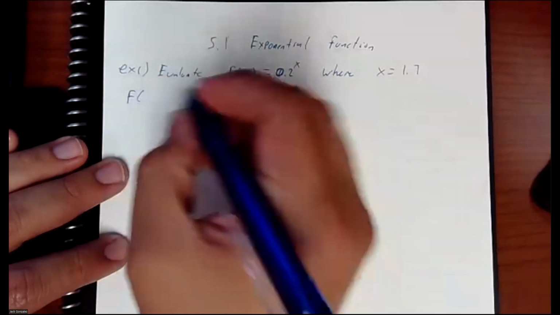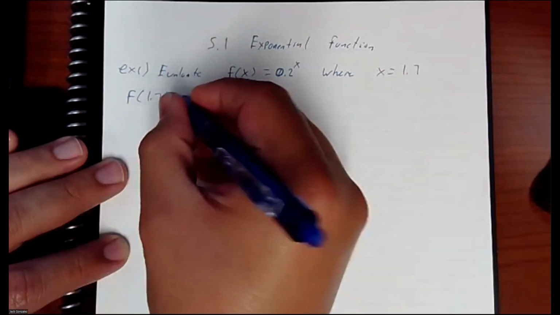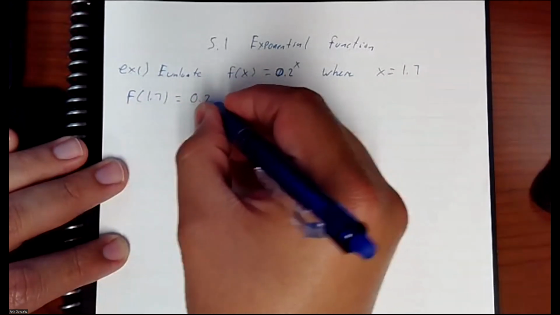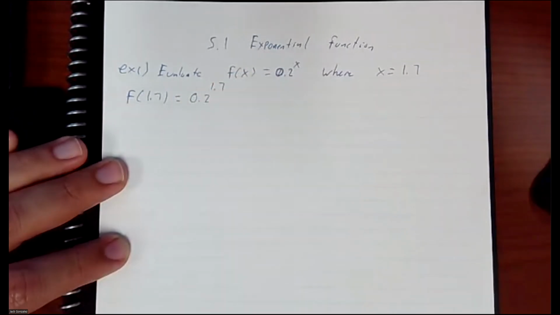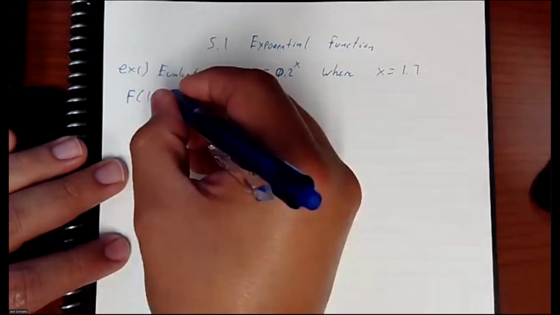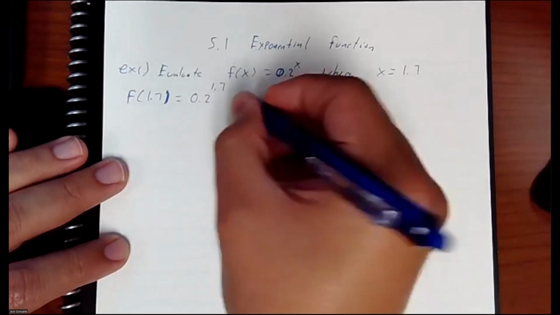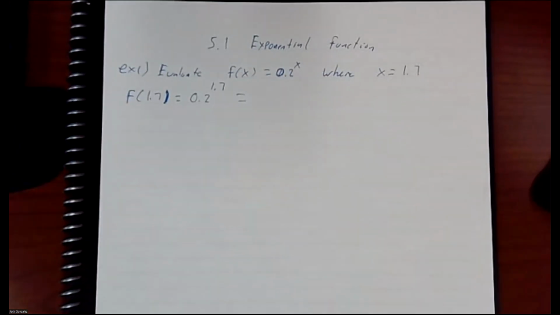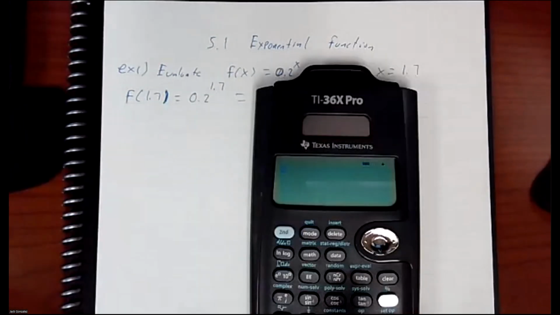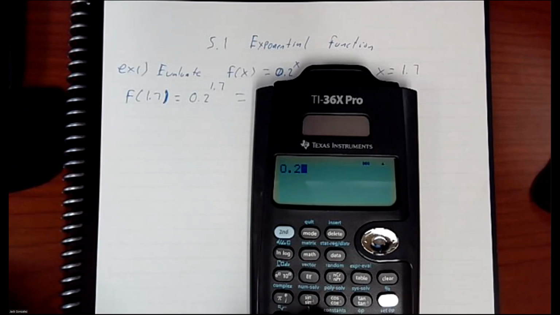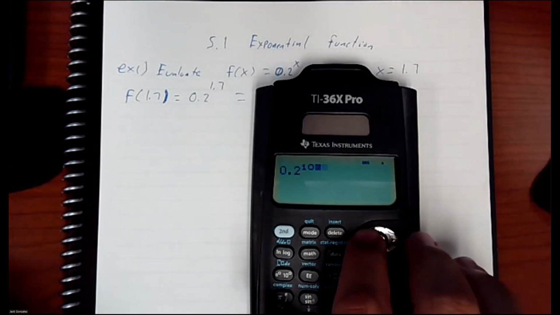So basically just find f of 1.7, which means plug this guy in as a power. And there's no way to do this other than using your calculator. So yeah, scientific, let's put 0.2. You should have a caret button or a power button, and then just type in 1.7.